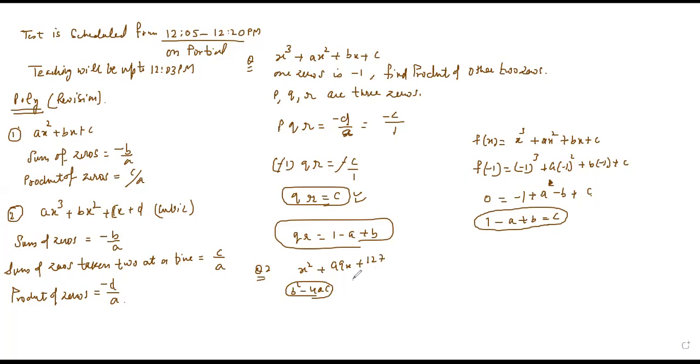So quickly solve it. a is equal to 1, b is equal to 99, c is equal to 127. Find the discriminant, or directly you can solve it. The discriminant is the simplest way to solve. b square minus 4ac. So 99 whole square is 9801 minus 127 multiplied by 4, this is 508.